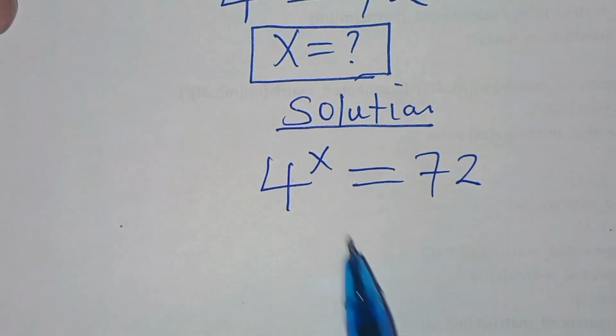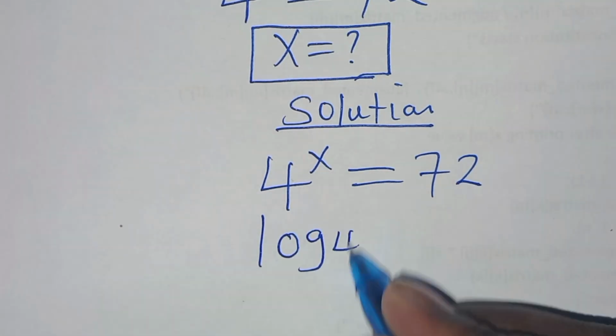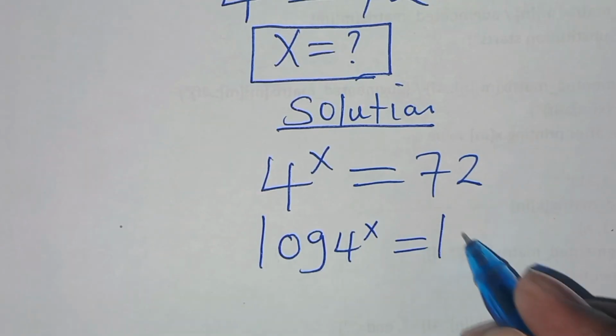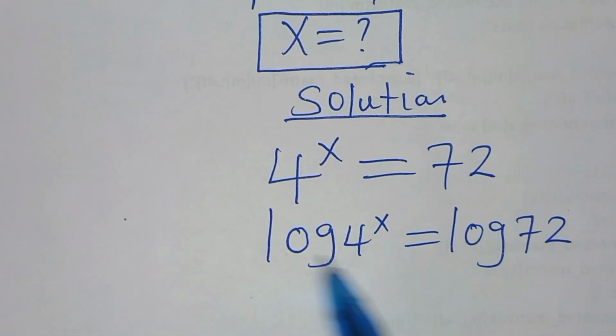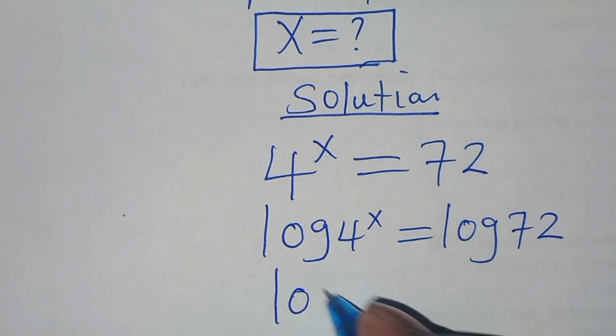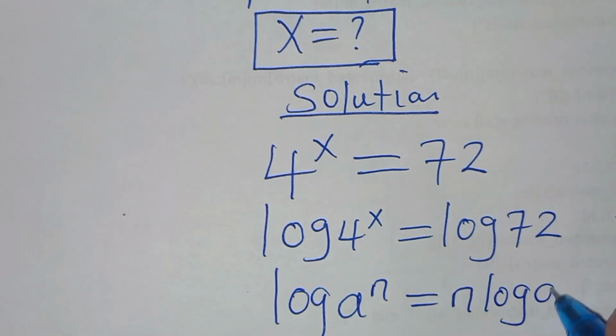To solve for the value of x, we introduce logarithm on both sides so that we have log 4 to power x equal to log 72. This is in the form of log a to power n, which we can express as n log a.